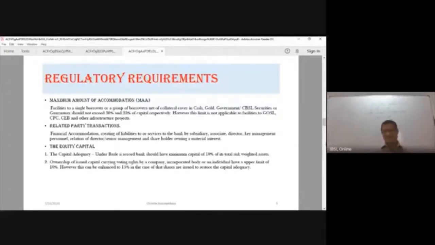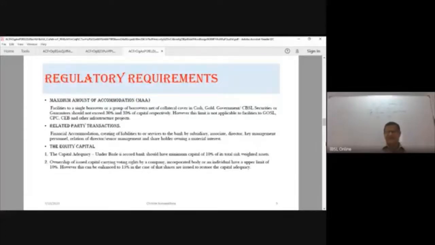if they are given a very high value of total advances by the bank, the central bank has a limitation on that. So the limitation goes as maximum amount of accommodation, and how they do that is they have set a direction on the bank. The direction reads like this: facilities to a single borrower or a group of borrowers, net of collateral cover in cash.